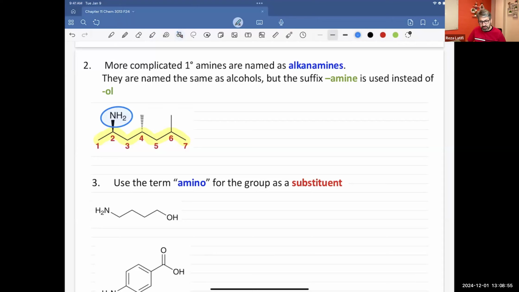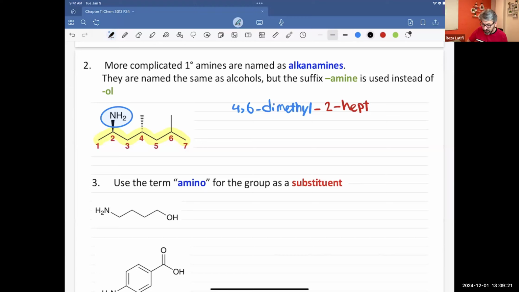So we're going to start from the left side, and on the 4th and 6th, we have 2 methyls, so I go dimethyl. And next, I can say on the second carbon I have the amine group, and I can say 2-hept.